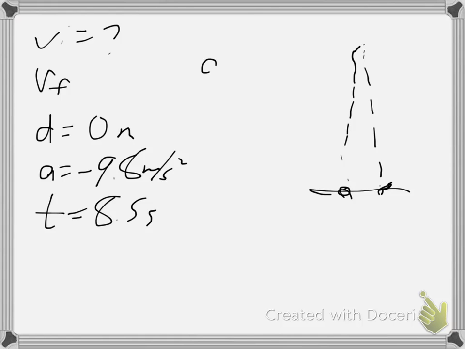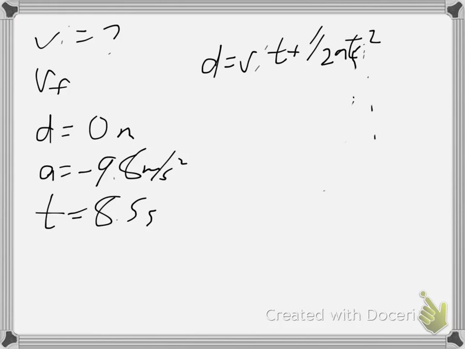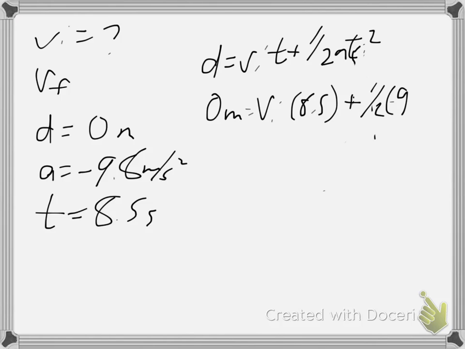For this one, all I have to do is use d equals v_i t plus 1/2 a t squared, and plug in our numbers. So we plug in 0 meters equals initial velocity times 8.5 plus 1/2 times negative 9.8 times t squared.